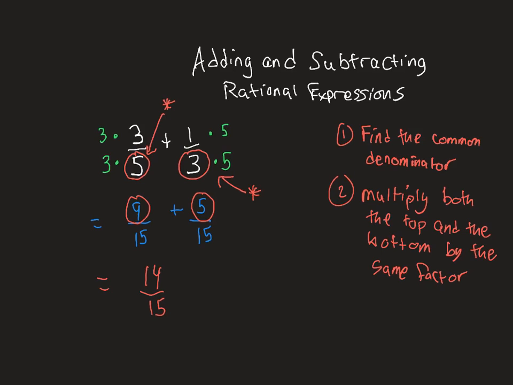Well, the other fraction had a 3. So we multiply this one by 3. What was missing that this one had from the other one? Well, 5. So we multiply this one by 5. So how can we apply this to rational expressions? We're going to step this up next slide.